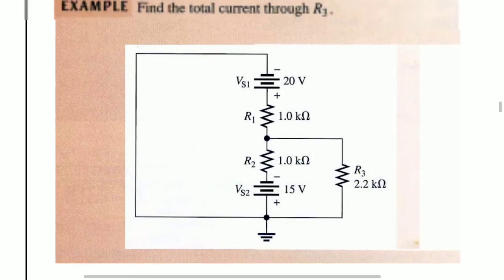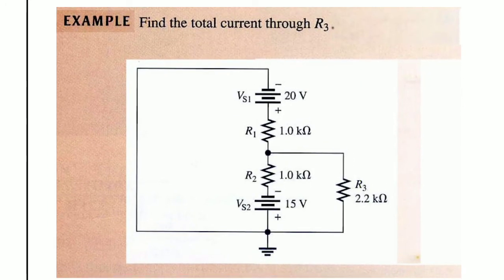Now, another problem: find the total current through R3. This is a simple circuit, though it may look confusing. Here two voltage sources are given, and we need the current through R3.